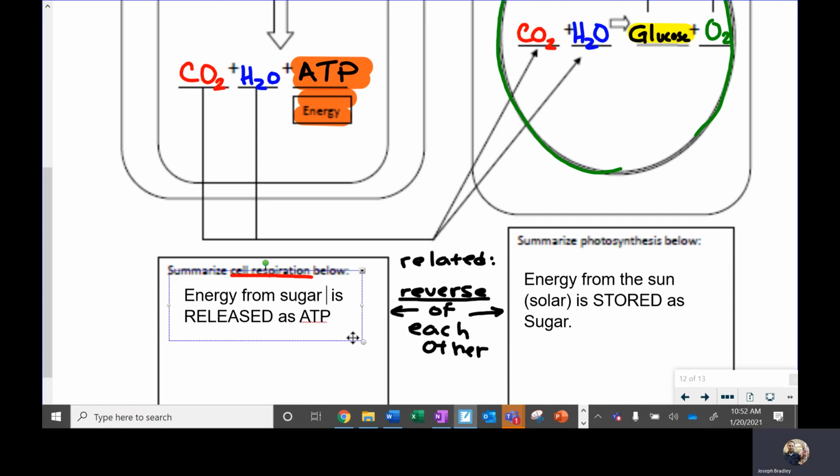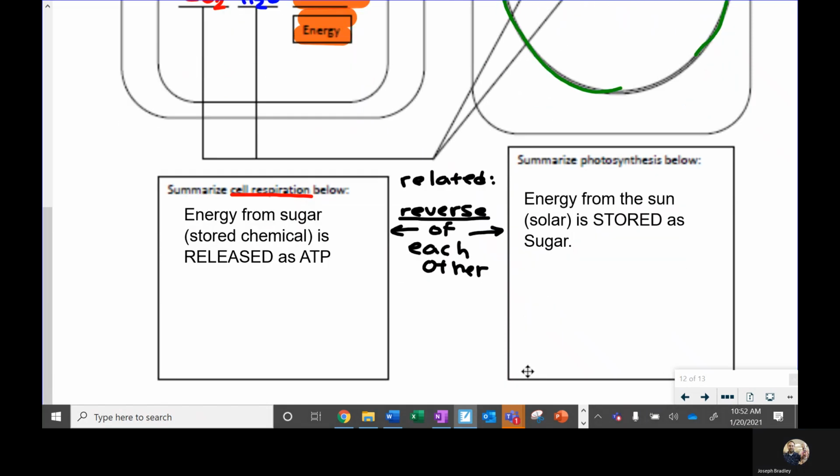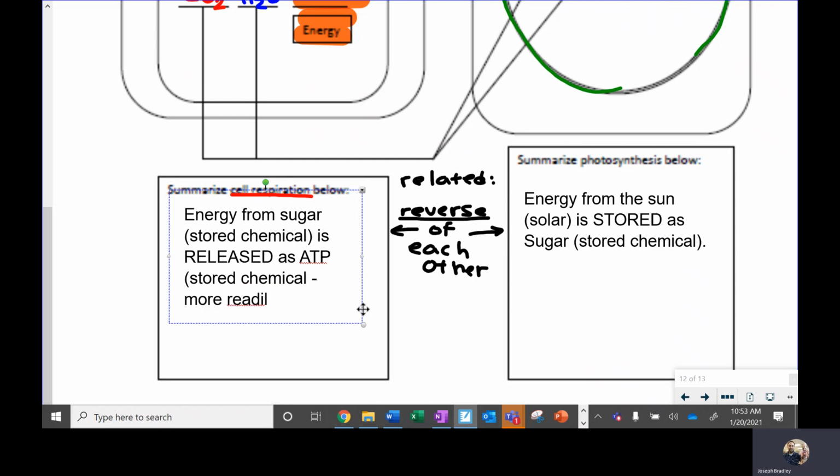And then sugar is stored chemical energy. ATP is also stored chemical energy, but the energy is more readily accessible by the cell than sugar is.